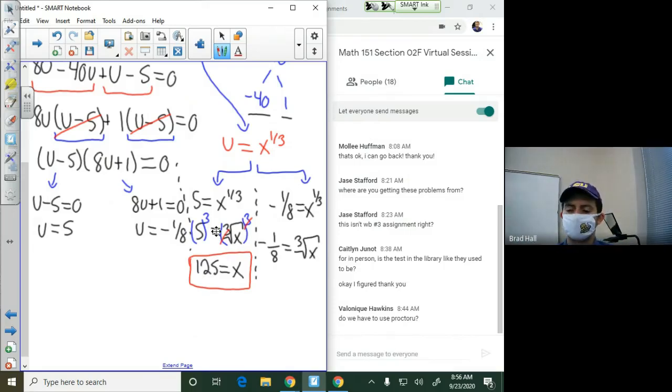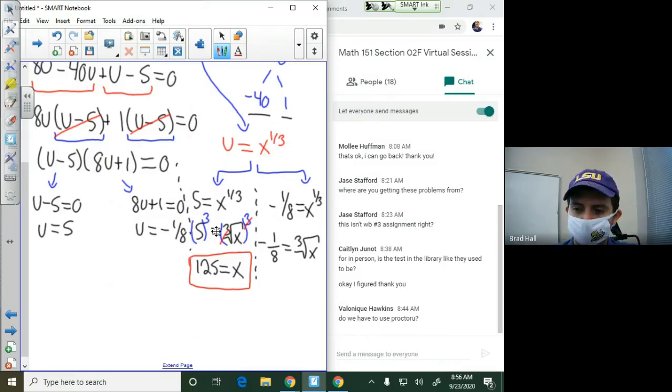Well, that's interesting. We have a third root outputting a negative. So what does that mean? Isn't it still okay? Yeah, it's still okay.